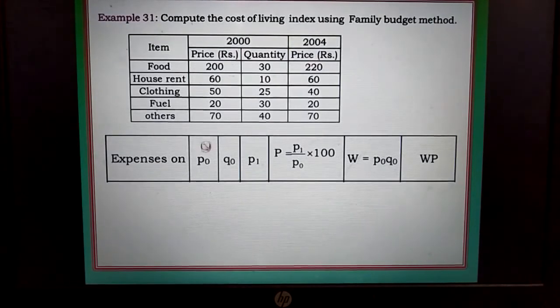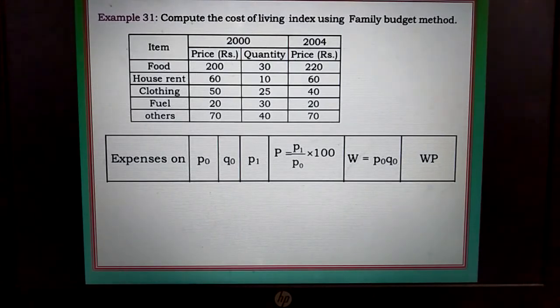So first it is given P naught, next it is being given Q naught, and then next it is being given P1. Once P1, P naught and Q naught are there, which method can be applied, we have to think over. Can the aggregative expenditure method be applied? Sum of P1 divided by sum of P naught, and Q naught will be present anyhow.